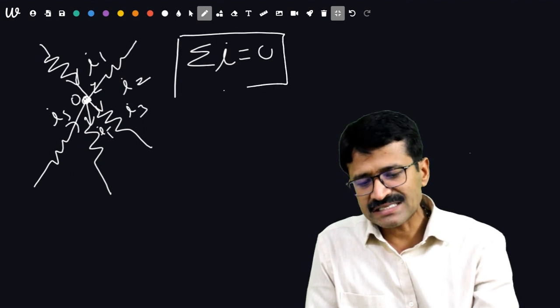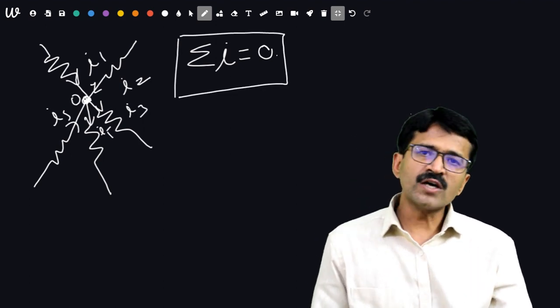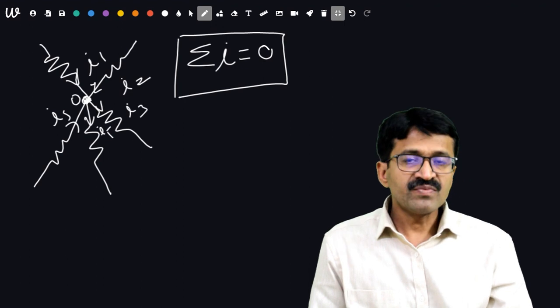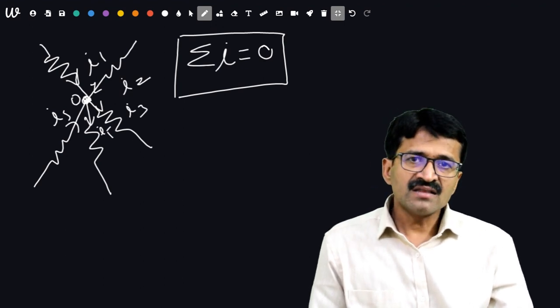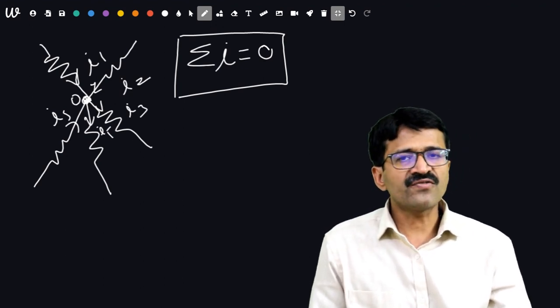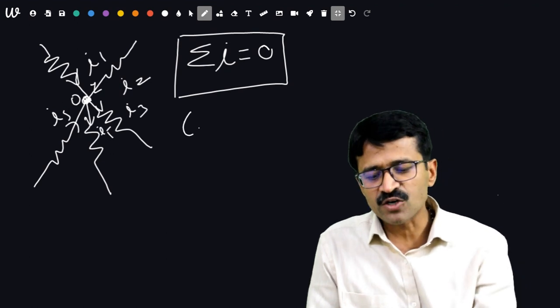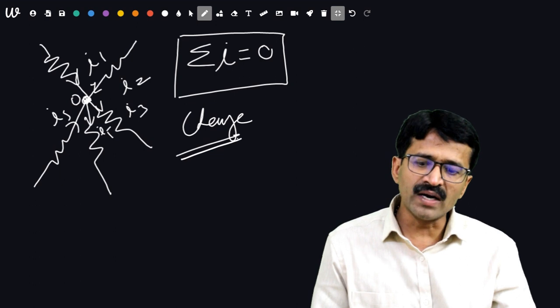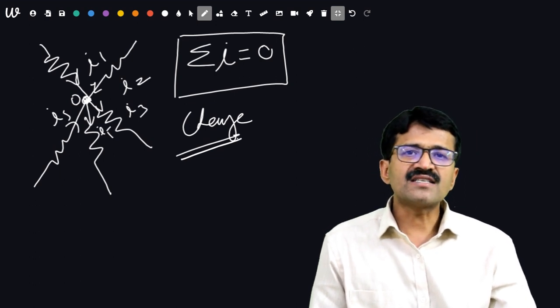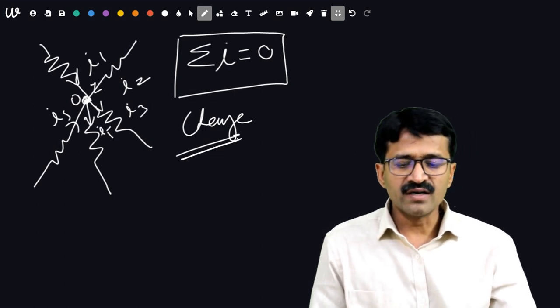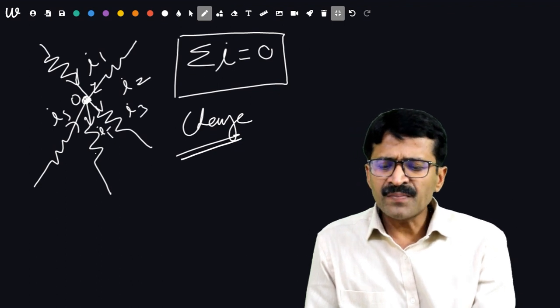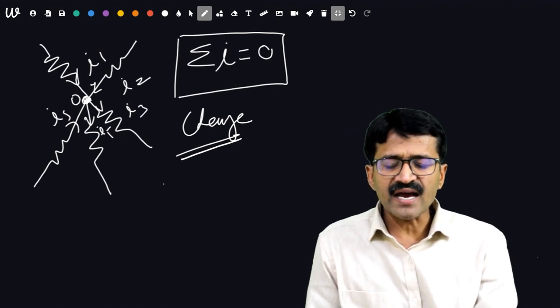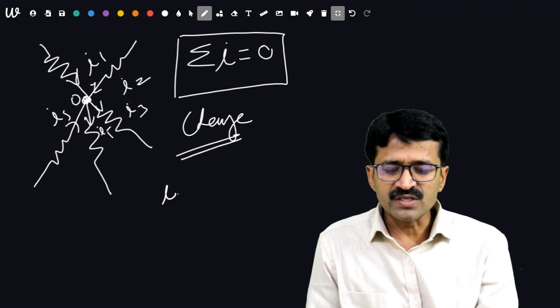The question is, which conservation law is followed by this law? The answer is that Kirchhoff's first law follows the law of conservation of charge. It means the net charge coming towards the junction will always equal the net charge going outward from the junction. For example, current I1 is toward the junction, so take a positive sign.